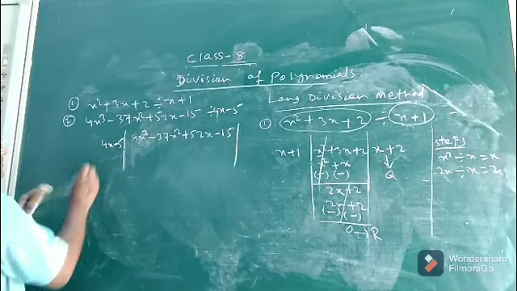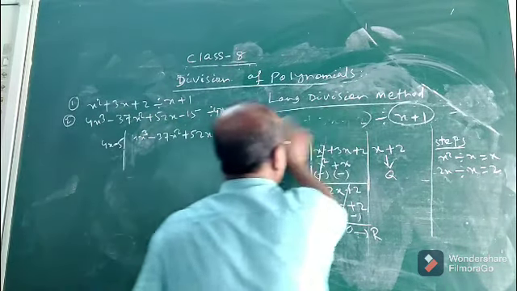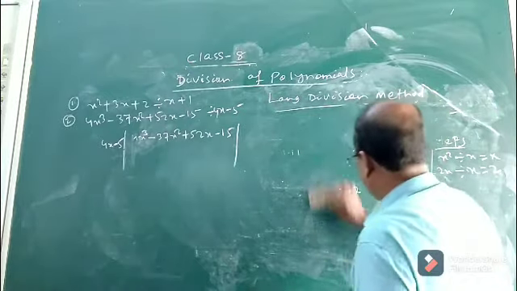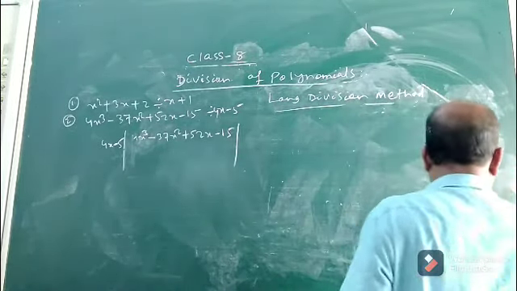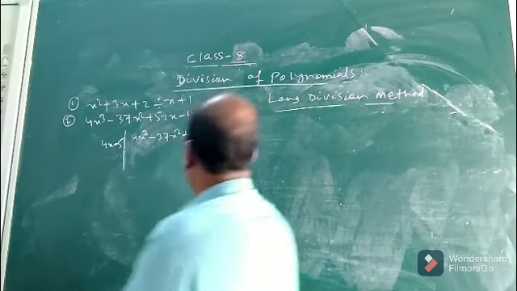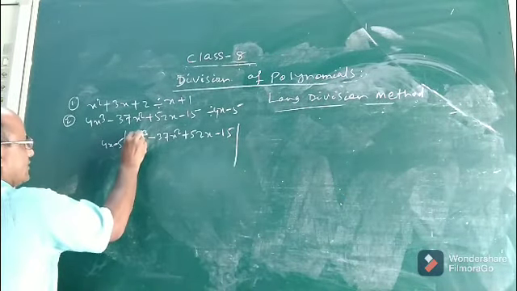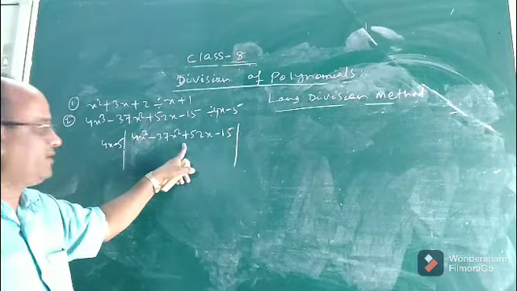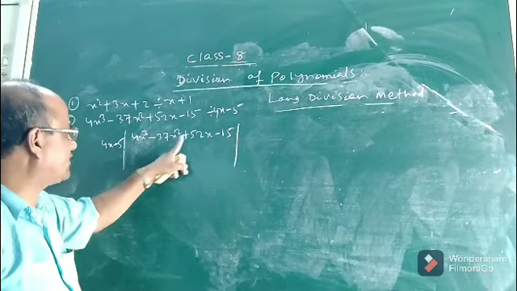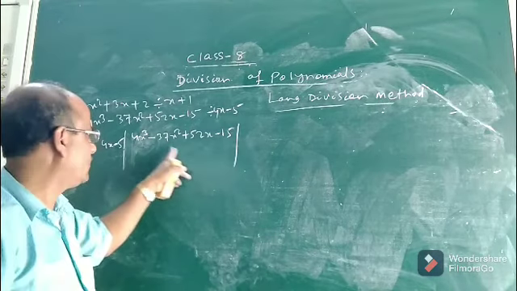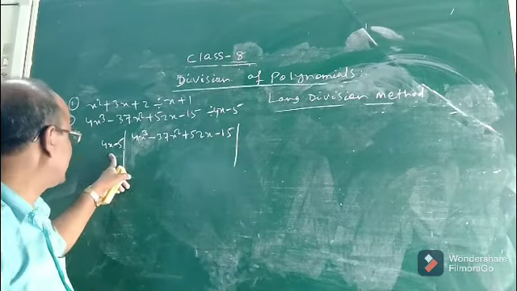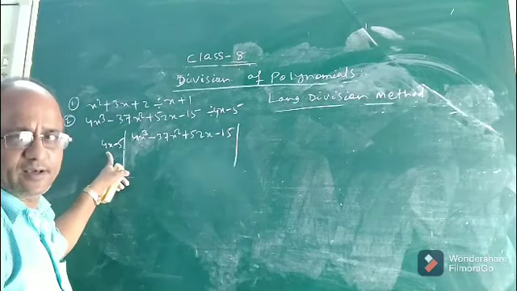See, children, in this question the dividend is a cubic polynomial, 4x cube minus 37x square plus 52x minus 15. It is clearly a cubic polynomial. And the divisor, look, it is 4x minus 5. It is a linear polynomial.